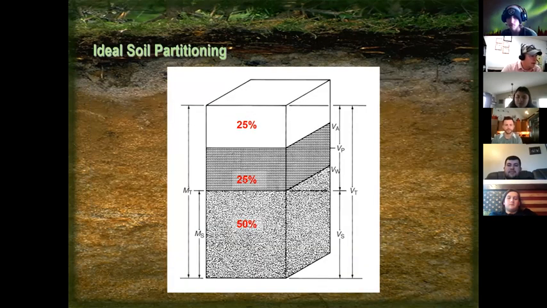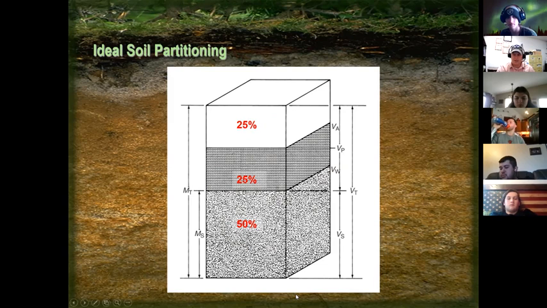Great. Now, in a soil, this is what we call ideal partitioning. Let's say we have a 1 foot, 3-dimensional column of soil. If we were to take that 1 foot of soil and compact it so that we separated the solids from the water and the air, we typically have about 50% solids, about 25% water, and 25% air.